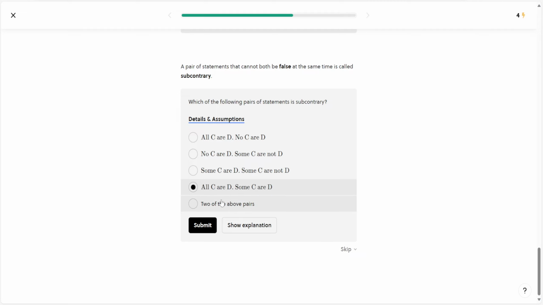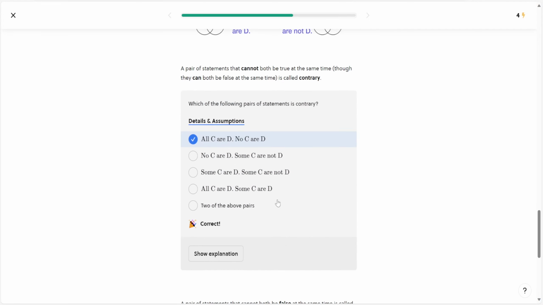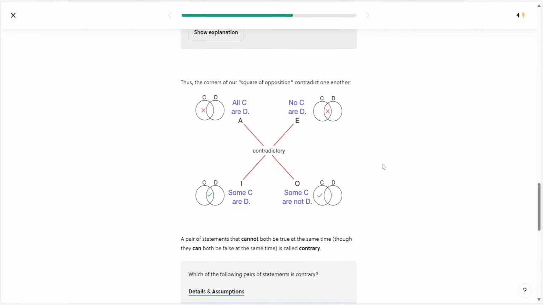Wonder if there's another one because we've got two of the above pairs. So no CRD.